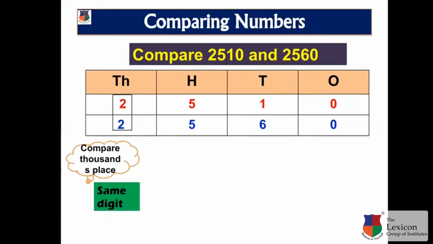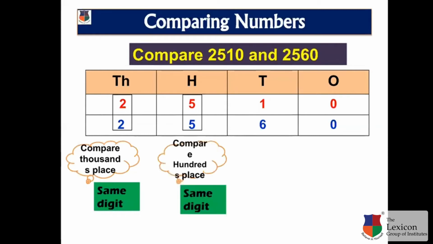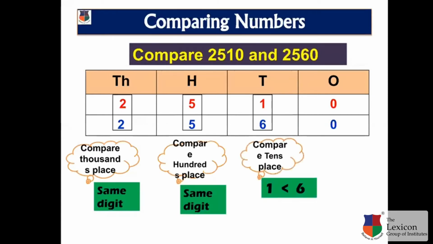Now I will move to the second, that is the hundreds place. Here in the hundreds place also there are the same digits in both numbers, that is 5, correct? Now I will move to the next, that is the tens place. Here the first number's tens place digit is 1, and the second number's tens place digit is 6.